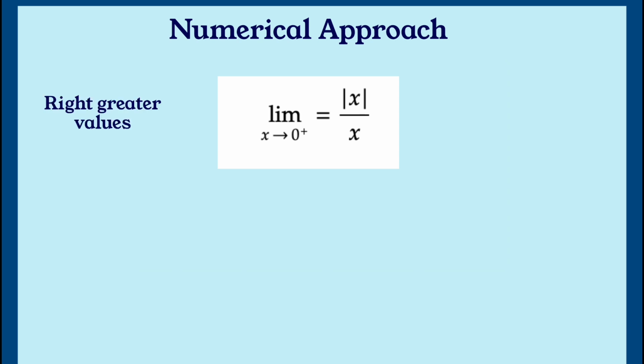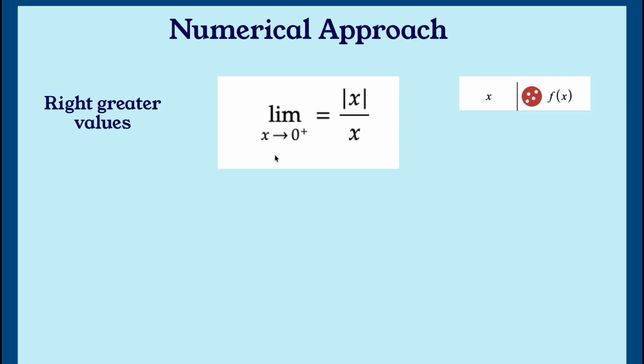So we've taken a look at a graphical approach. Now let's take a look at a numerical approach. Let's say we are given the limit as x approaches 0 from the right of the absolute value of x divided by x. So we are given a right-hand limit, and whenever we're given a right-hand limit, that means that we're going to choose values that are greater than 0.